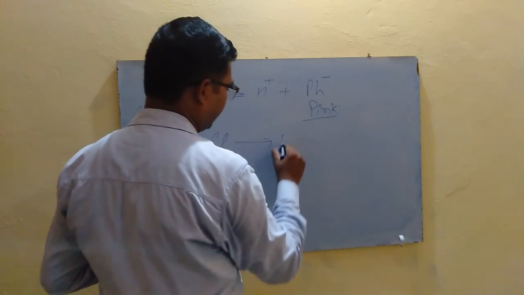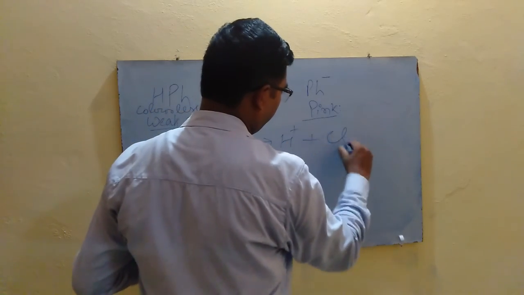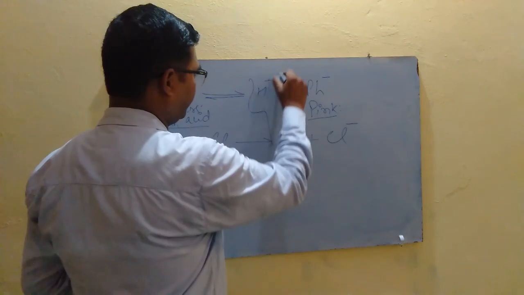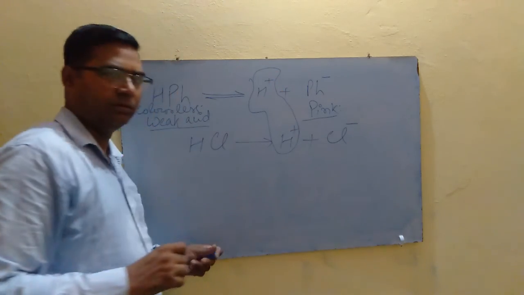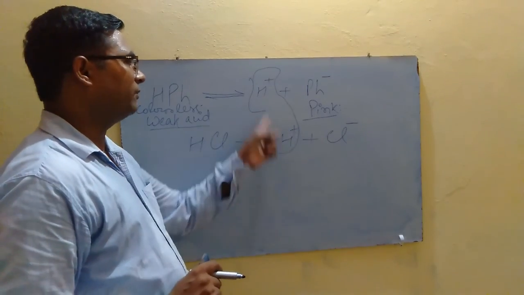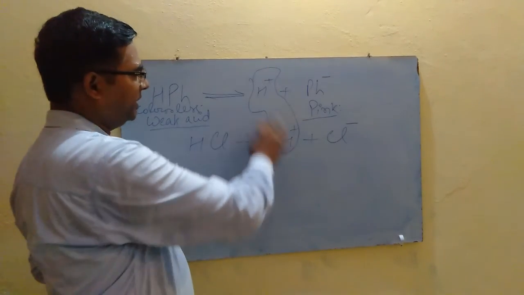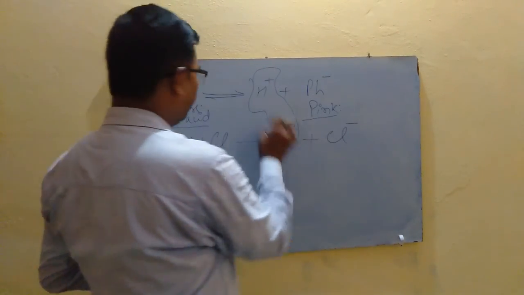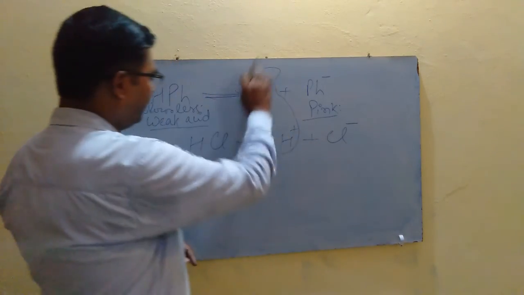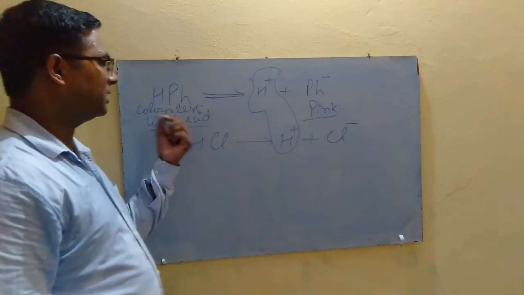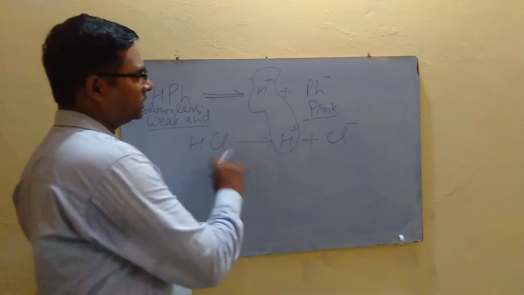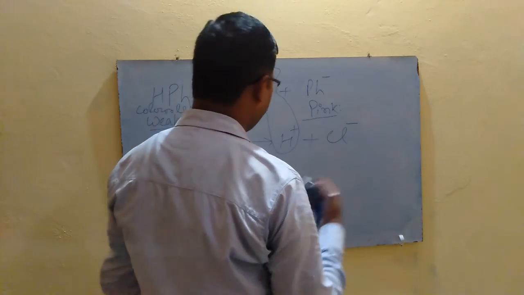HCl, after its ionization, gives H plus ion and Cl minus ion. So in HCl solution the concentration of H plus will be more. So common ion effect will be there, because H plus is common in both phenolphthalein indicator and HCl. Due to the common ion effect, the dissociation of phenolphthalein indicator will be less, and therefore the concentration of Ph minus will be less.